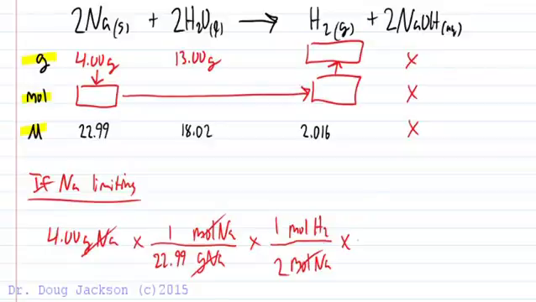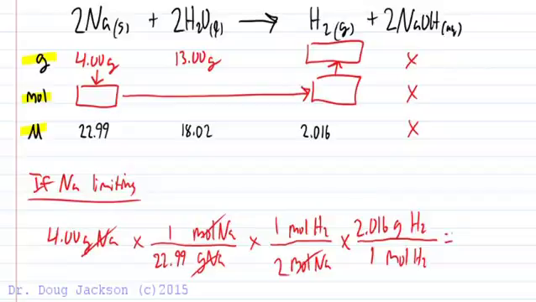We want moles of hydrogen to go away. And we want to get grams. We can compare grams of one substance to moles of that same substance. That's the molar mass. And so 2.016 for 1 mole. Okay, and we can calculate what the theoretical yield is if sodium is limiting.